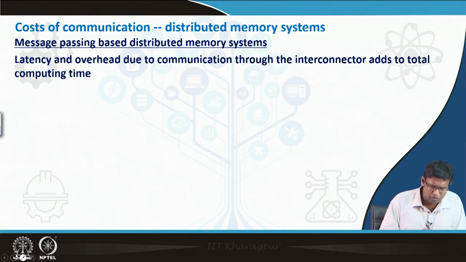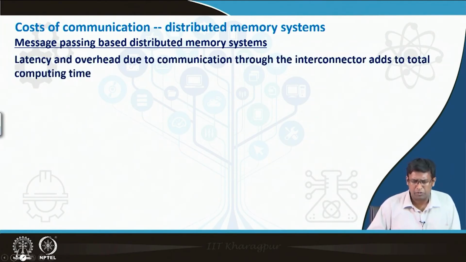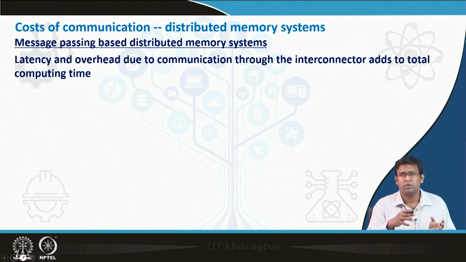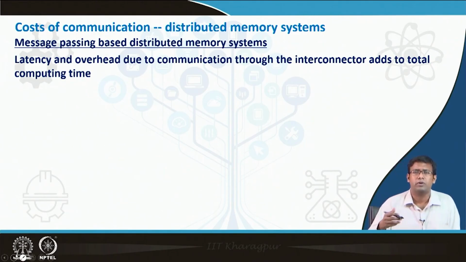So we see the latency and overhead due to communication through the interconnection switches. The message that goes has its own latency because it will take a certain amount of time. It has some overheads also. This will add to the total computing time.